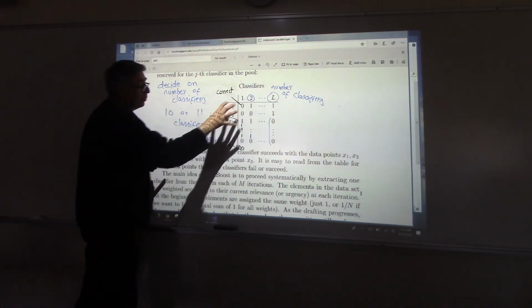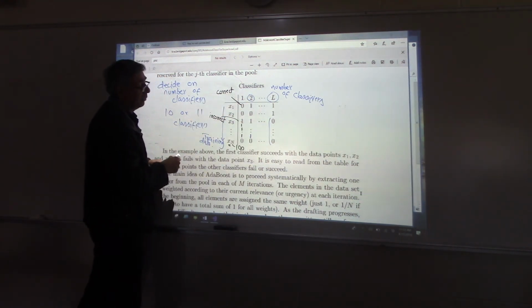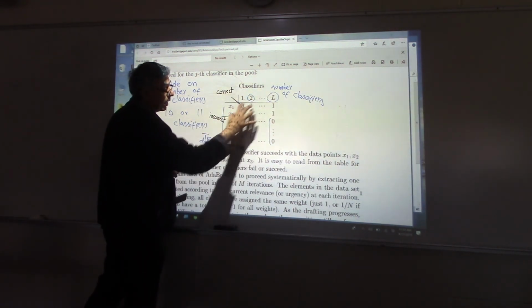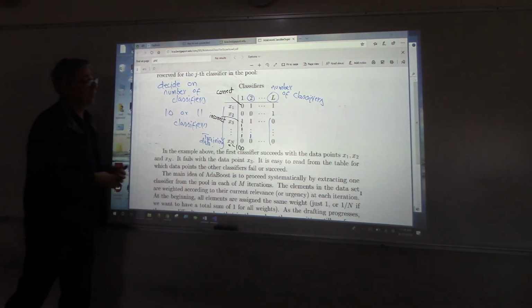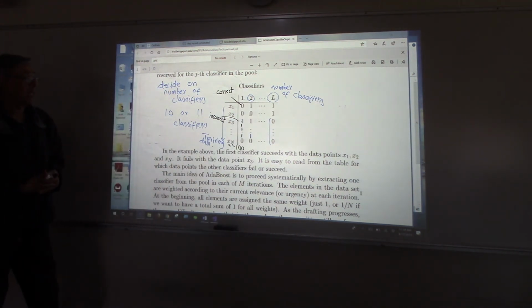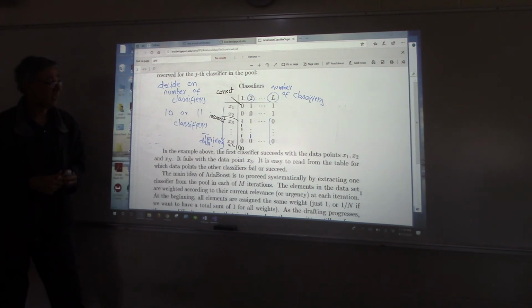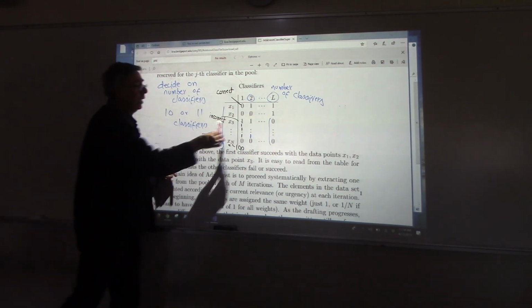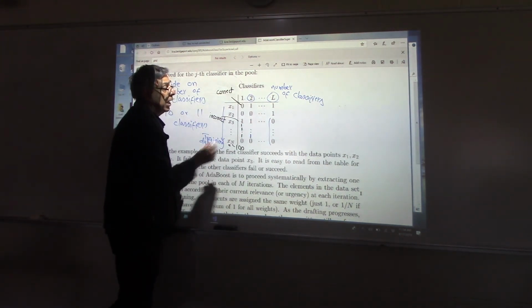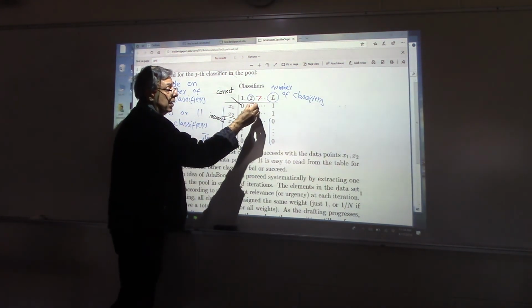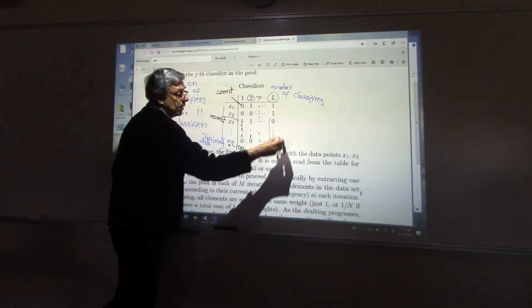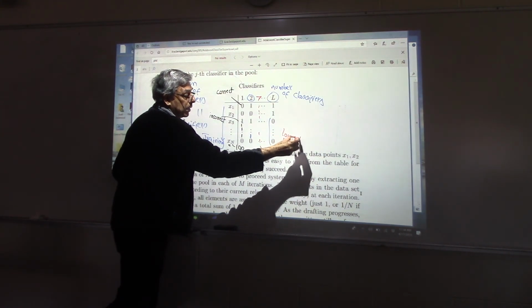Okay, so what we do is we first pick one classifier. Okay, so which one will we pick out of this table? First one. The one that produces the highest error or one that produces the lowest error? Lowest error we should pick, right? Meaning which has more ones or less ones? Less ones. So we'll basically go to each column, see whichever classifier, let's pretend classifier number 7, if we add them up, has the lowest number.